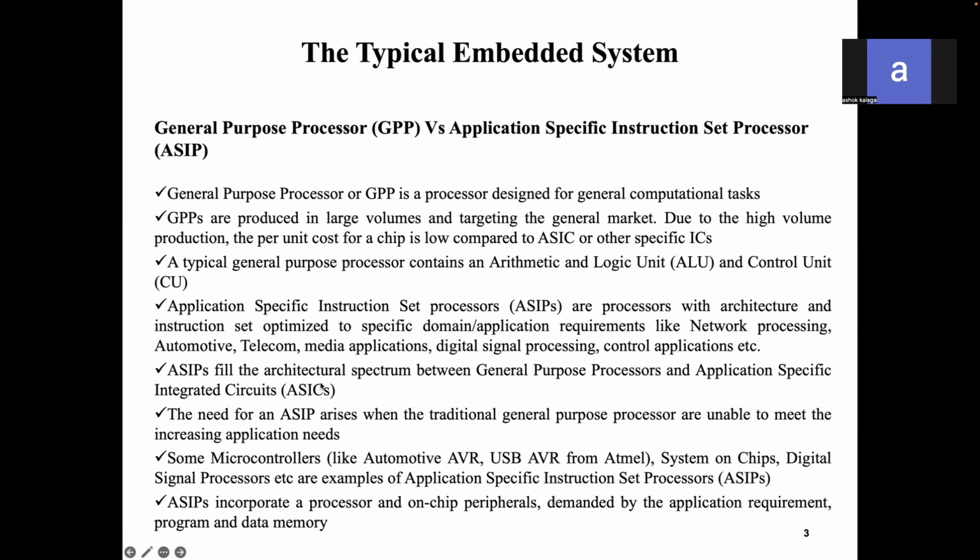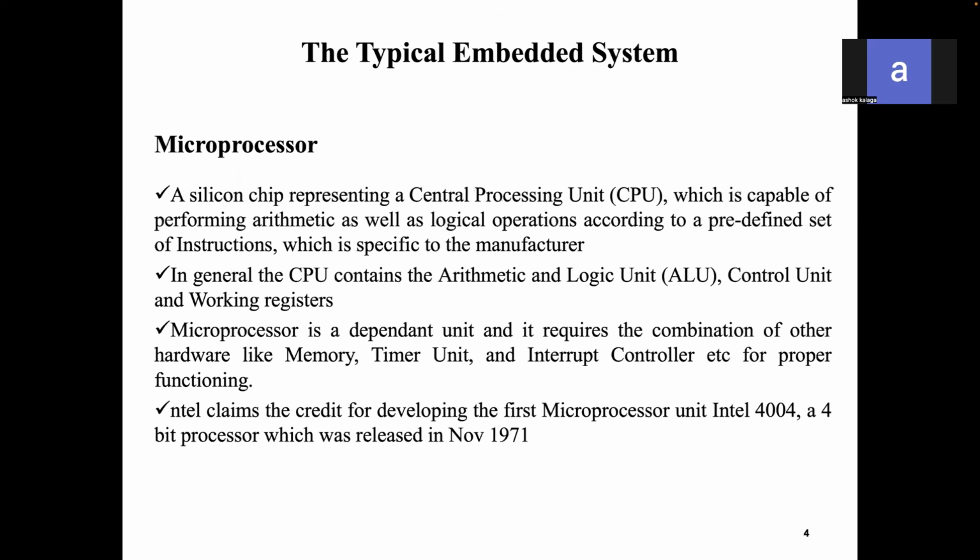So the ASIPs fill the architectural spectrum between the general purpose processors and the application specific integrated circuits. Some microcontrollers, systems on chips, and DSPs are examples of application specific instruction set processors. The ASIPs incorporate a processor and on-chip peripherals demanded by the application requirement, program, and data memories. We will discuss those in the next session.